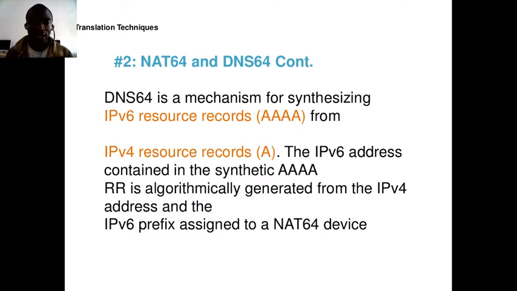What DNS64 does is it synthesizes the IPv6 records from the IPv4 records. So it's a way of converting IPv4 DNS records to IPv6 DNS records. This is one of the things that makes this a convenient technology for us to use.